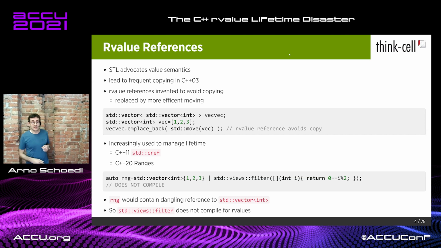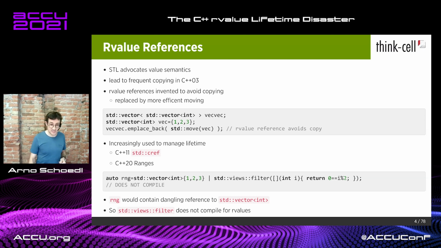Here's an example. Say we have a vector, and this vector gets filtered, and this filter is actually a lazy filter. The filtering doesn't happen right away, but the vector is referenced by a filter object that holds onto the reference to the vector and the predicate according to which we want to filter. When you then start to iterate over the filter object, the filtering will happen lazily, and for it to happen at all, you need a reference to the vector.